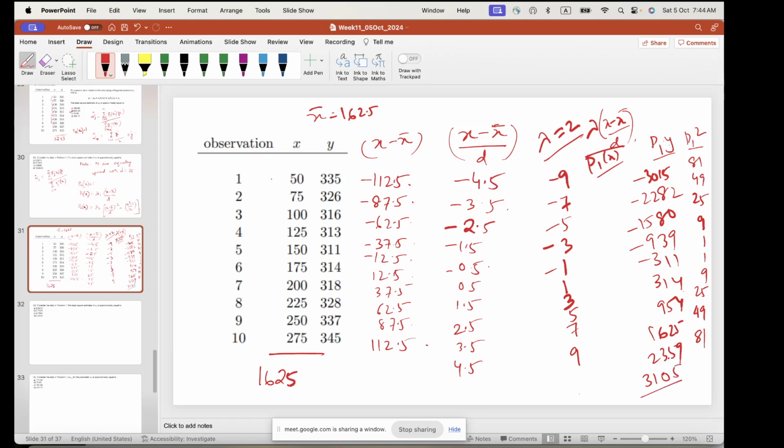So the summation of that, 3105 plus 2359 plus 1640 plus 954 plus 314 minus 311 minus 939 minus 1580 minus 2282 minus 3015, is actually coming out to 230.